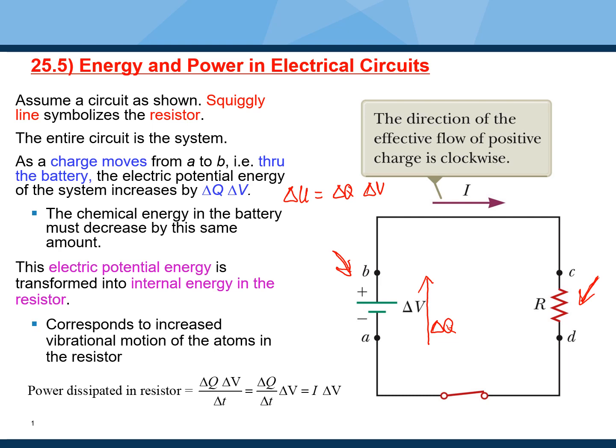And because it's going from a lower potential on this negative plate to a higher potential on the positive plate, we have a voltage rise, and therefore a rise in potential energy of this charge as it goes through the battery in the conventional direction of current flow.